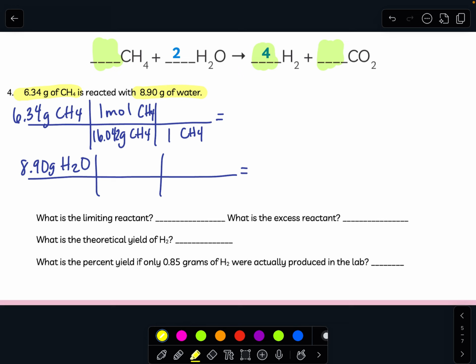To help me with that, I just need to go down here where it talks about theoretical yield. It asks me to find hydrogen, so that means I want to use hydrogen in my problem here. So I can pull the 4 from the balanced equation, and now I'm ready to multiply and divide.